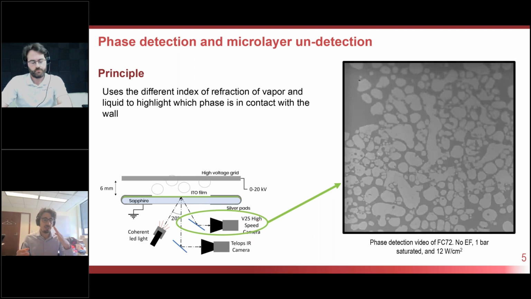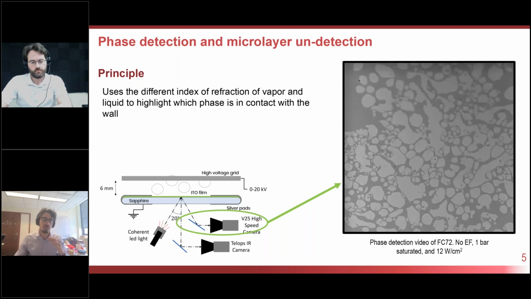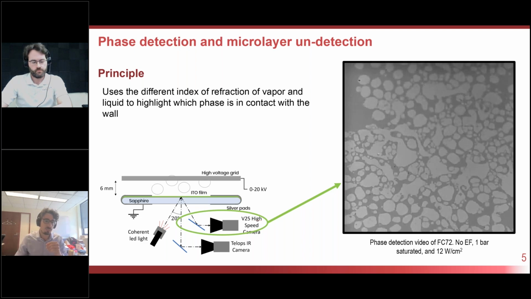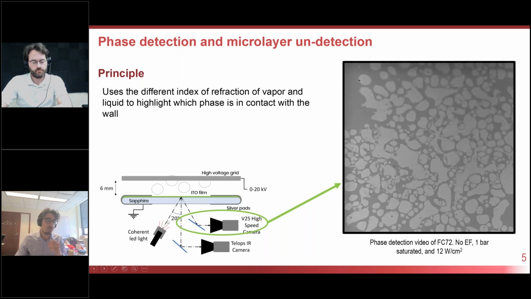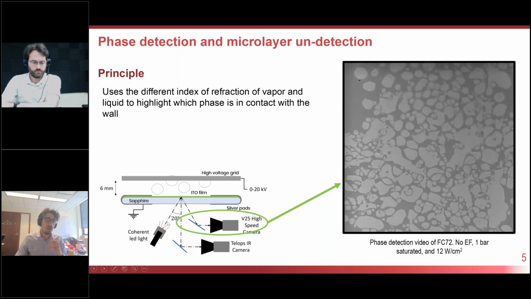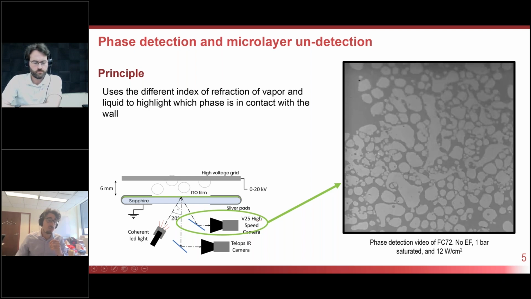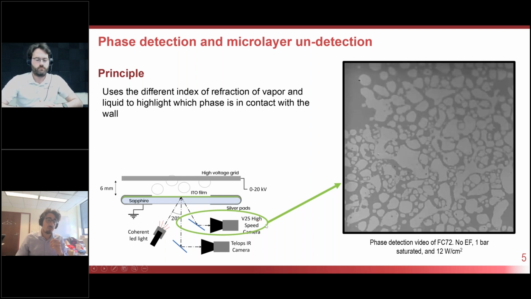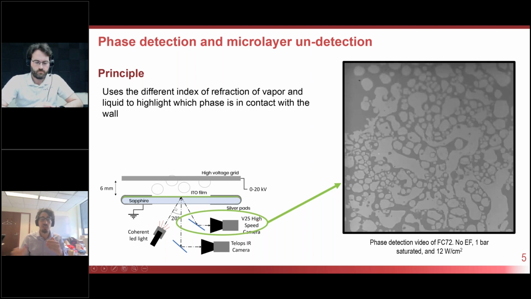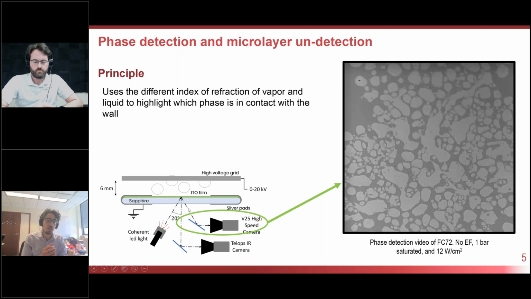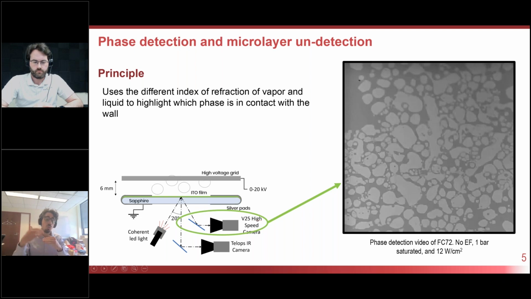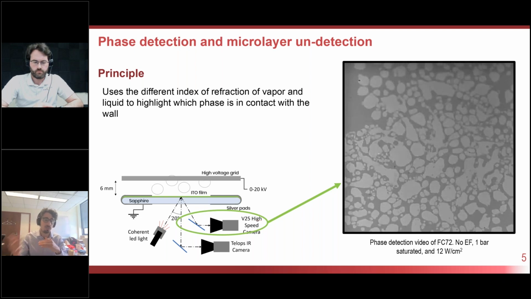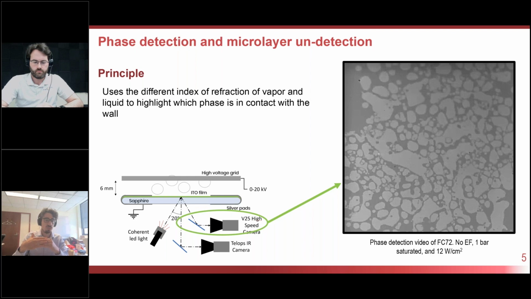And we use a coherent LED light that is shining at an angle to the surface, to the ITO film. This light is reflected back and captured by the high-speed camera. This reflection actually depends on what phase, vapor or liquid, is in contact with the surface.